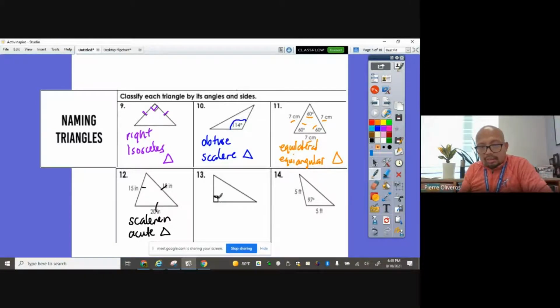I have a 90-degree angle here, so I know it's right, and none of them are equal, so it's a right scalene triangle. And I have a 97, which is more than 90, so it's obtuse. I have a 5 and a 5 here, so they're equal, so it's going to be obtuse isosceles triangle.